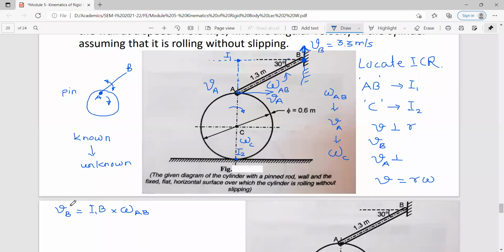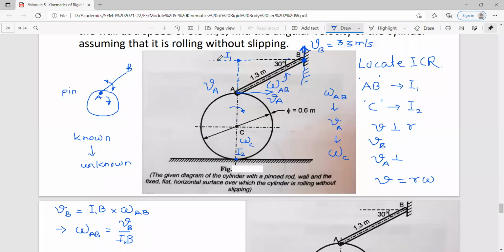I already know the velocity of point B. I have to find out the angular velocity of AB. I will first find out the angular velocity of rod AB. It will be equal to the velocity of point B upon I1B.